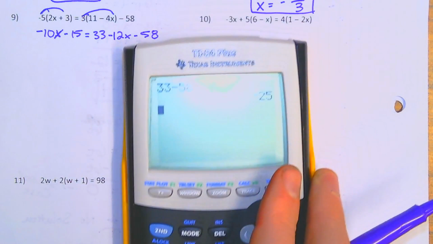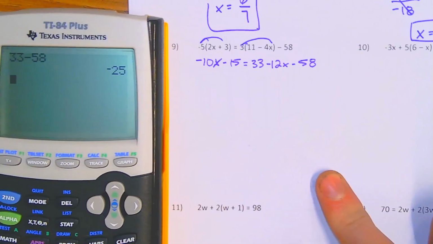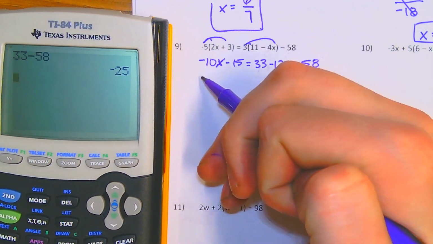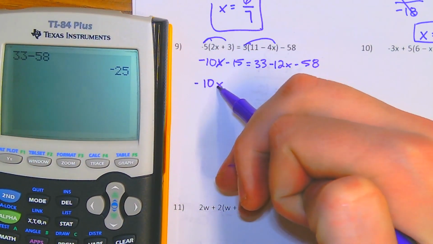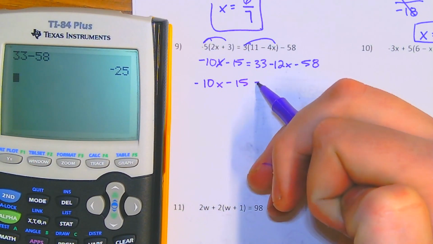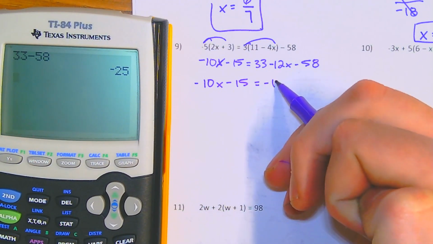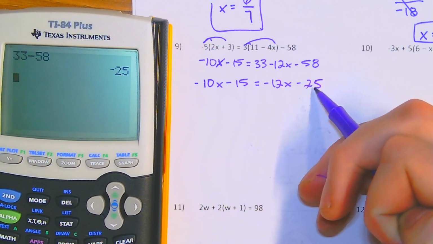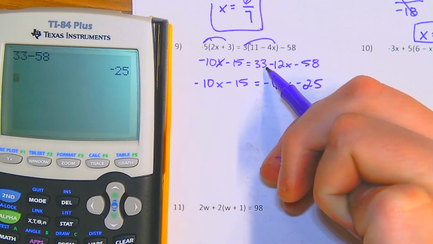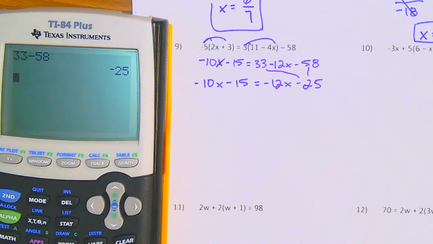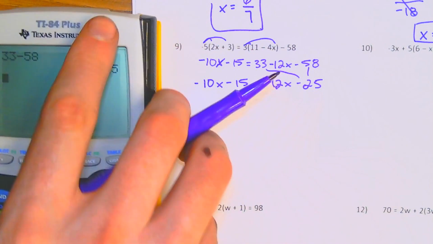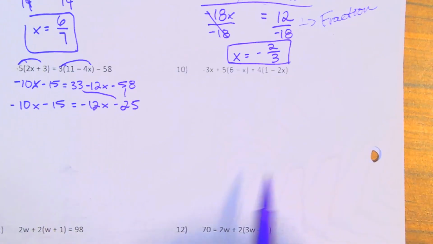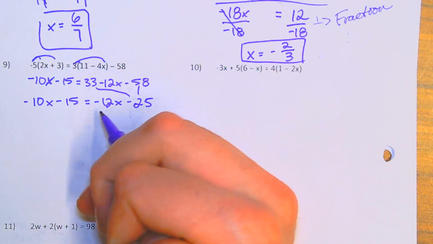So I'm going to rewrite my equation as negative 10x minus 15 equals negative 12x minus 25. Okay, and that 33 is coming from there, those two. Okay, now the next step I want to take is get all of my letters on the same side.